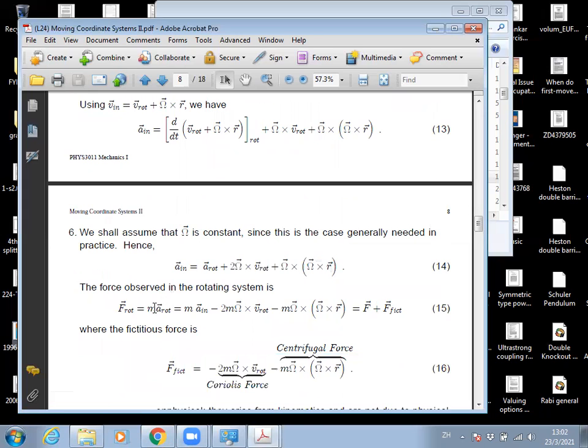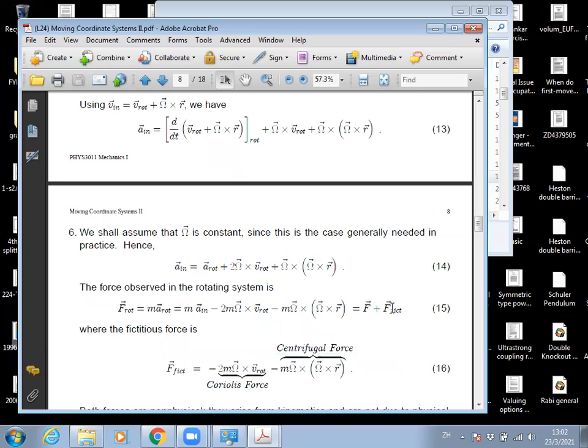Once we know the acceleration, then we can figure out the forces. So the force observed by an observer in the rotating frame is equal to m times a rotation, and we can see that it is equal to the force observed by an observer in the inertial frame plus an extra correction term.